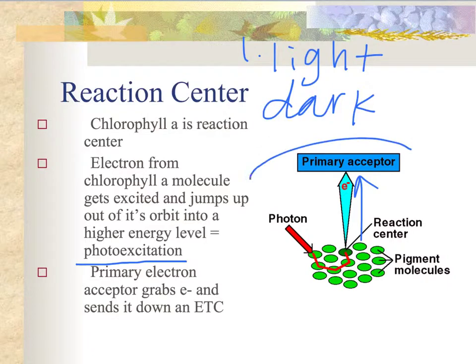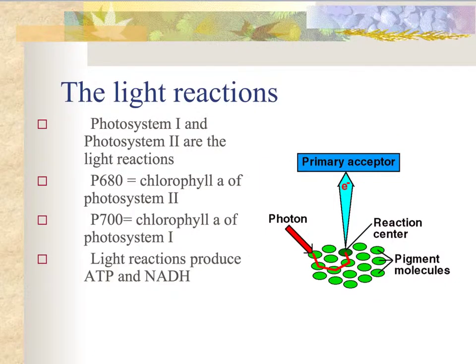Then a primary electron acceptor will grab that electron and send it down an electron transport chain, similar to the electron transport chain we saw in cellular respiration. And here, this is what I was talking about, the light reactions. And in reality, we have photosystem 1 and photosystem 2. They were named in that order. If you read in chapter 10, you would have read this.